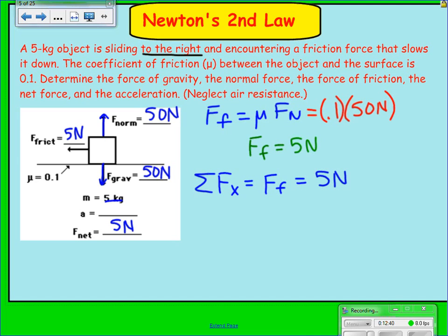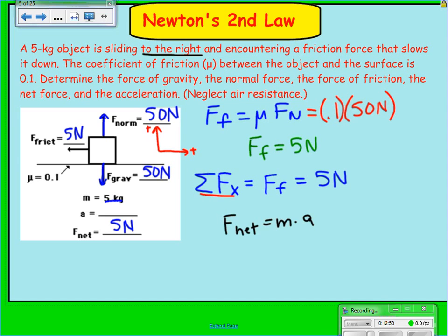And so finally, we can now solve for the acceleration. The acceleration is going to come from Newton's second law. Force net equals mass times acceleration. My force net, is it positive or is it negative? Remember, my positive is always going to be up and to the right.